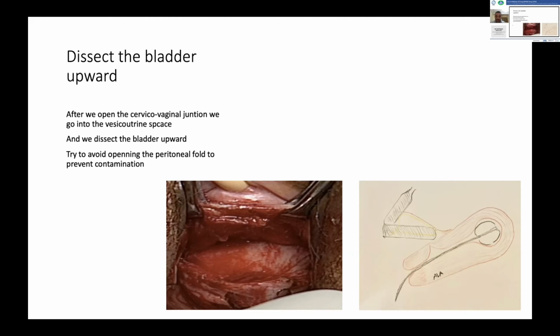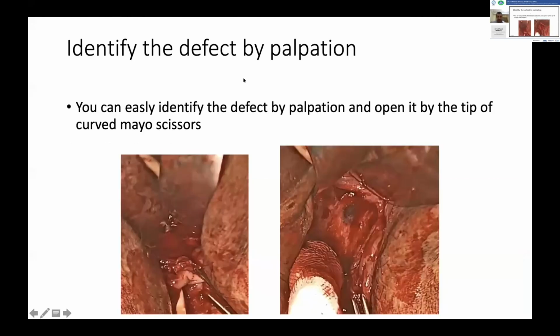Try not to open this peritoneum, to avoid contamination between the abdominal cavity and the vagina. So as much as possible, try to avoid opening the peritoneum. And then you can identify the defect. I promise you, you just put your index finger or your thumb and you can find the defect.